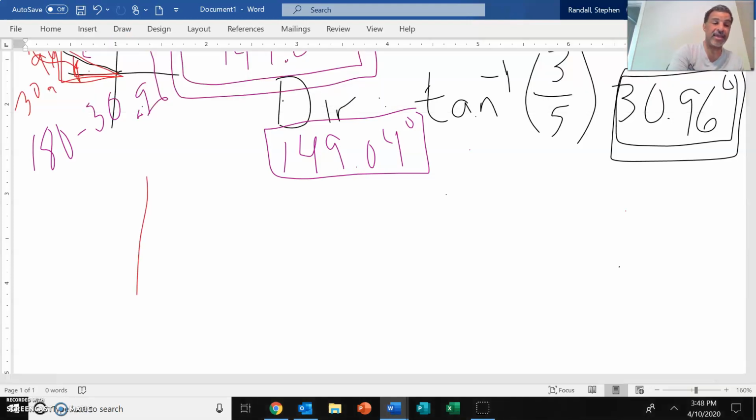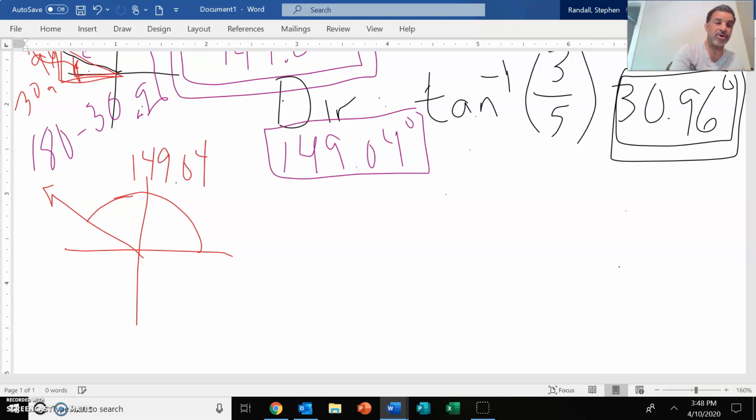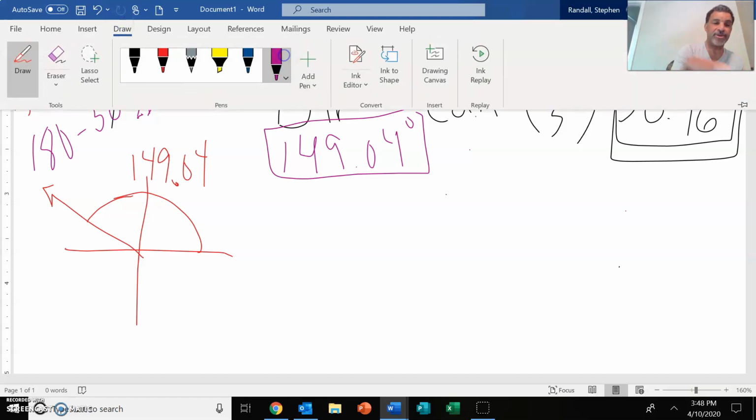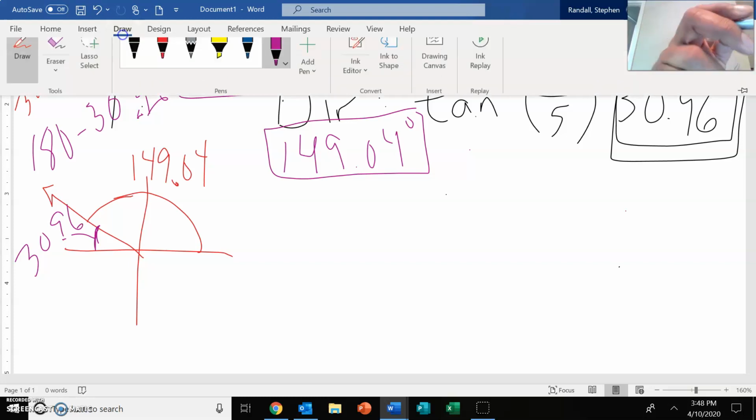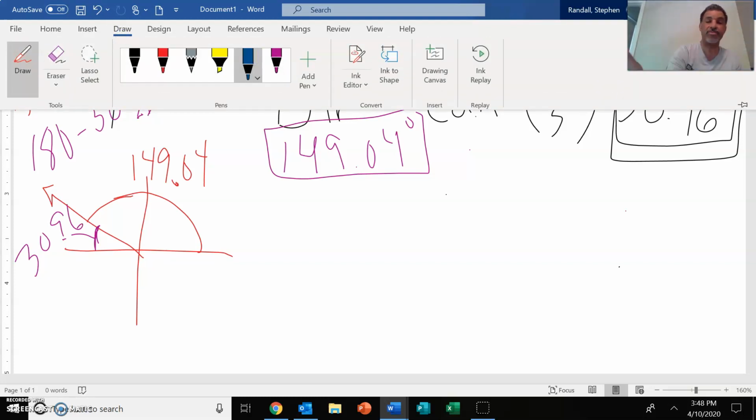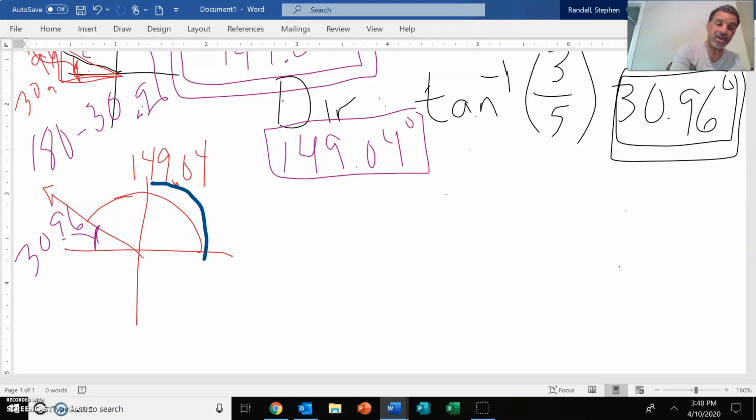So let's draw that angle again. Our angle is 149.04 degrees. We also know, based on our work from before, that this angle is 30.96. And we know that the bearing starts from the vertical. So the bearing starts here and goes all the way around until it reaches the vector.